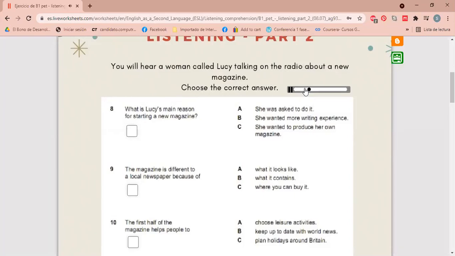I should explain that it's a local magazine that will come out each Thursday. It's the same size as the local weekly newspaper, and in fact looks very similar, but it doesn't carry news, and it doesn't report on events as they happen. I think this is the important difference. You can buy it in all the usual places you would buy your local newspaper.